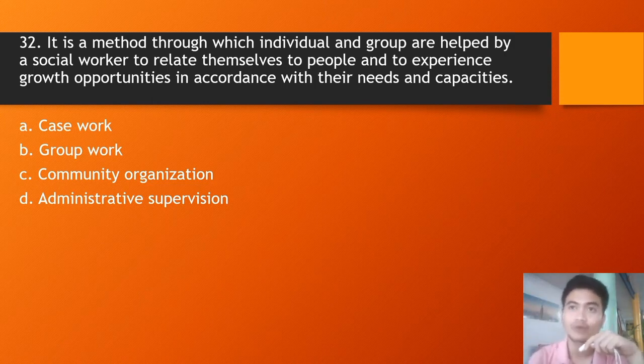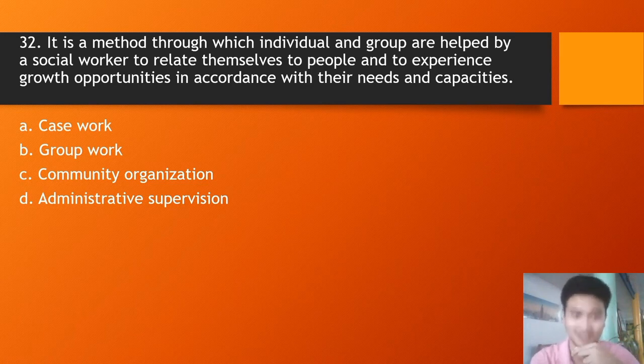Kasi ang group work, ang aim niya is dalawa, two-pronged, twofold goals that the group work is trying to achieve: the social change impacted to the individual at saka yung sa grupo, no? The group itself.